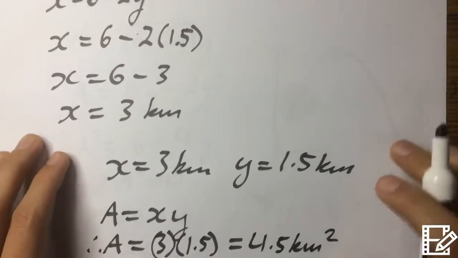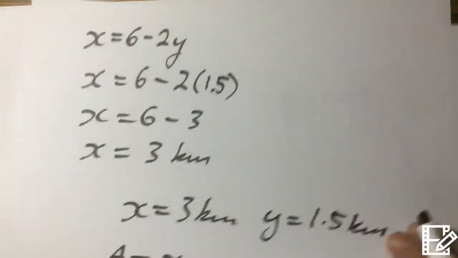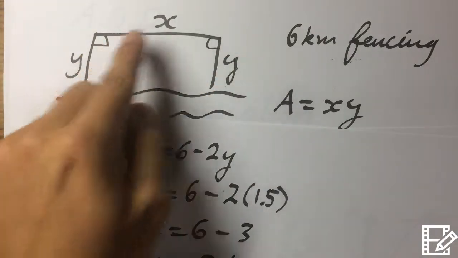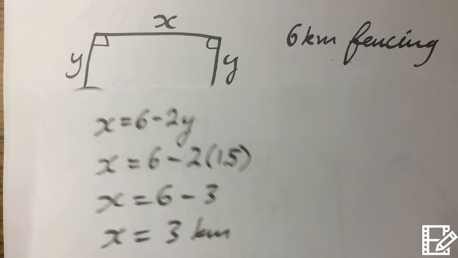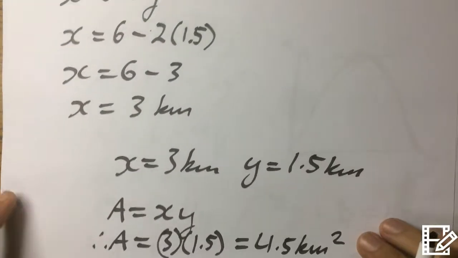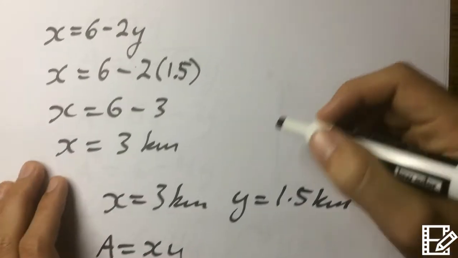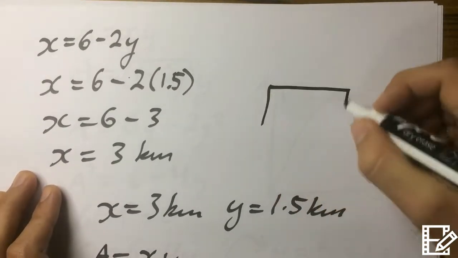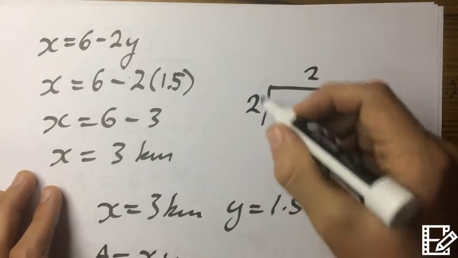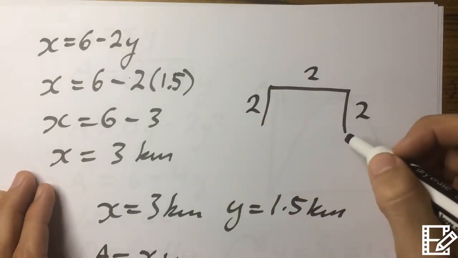Now, you may be saying, well, that means that x is longer than the y's, and that is the optimum size. If you had it looking like a square, that would mean this would be 2, that was 2, and that's 2 because it's 6 kilometers for the perimeter.